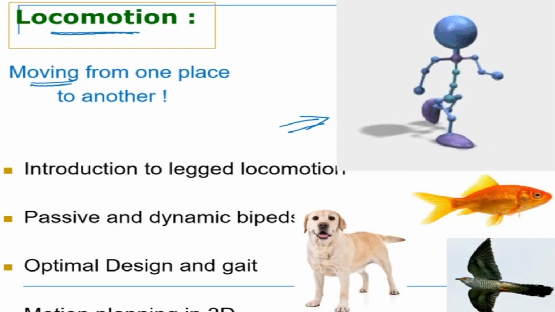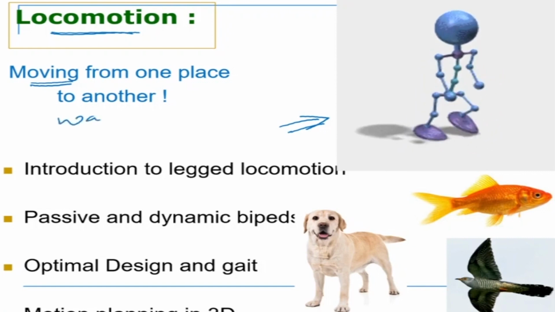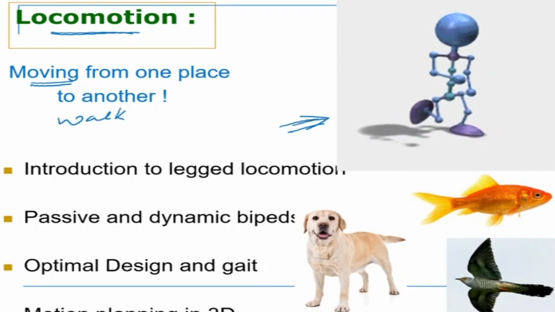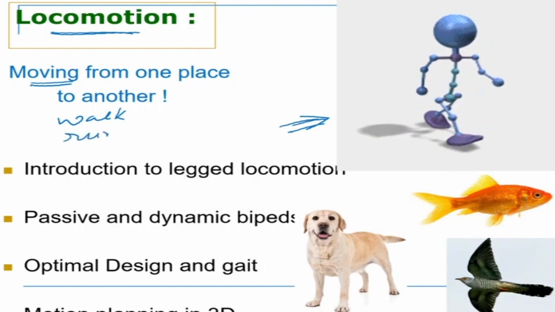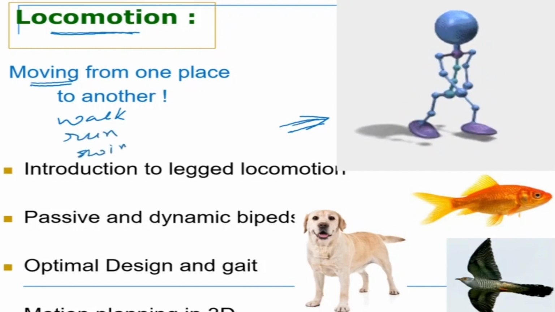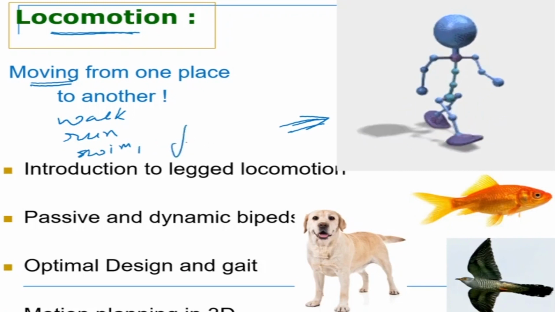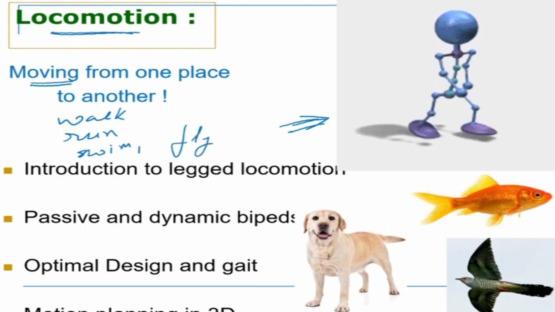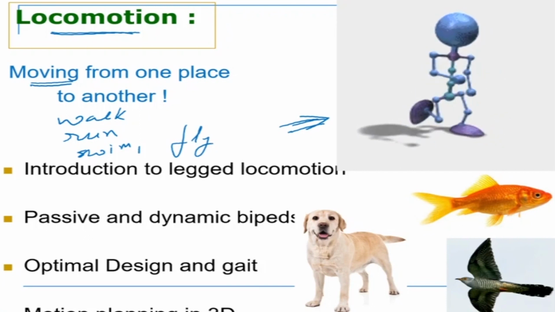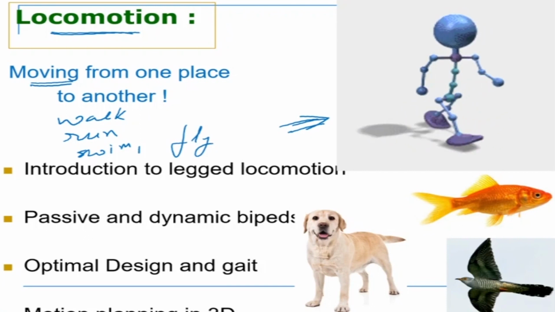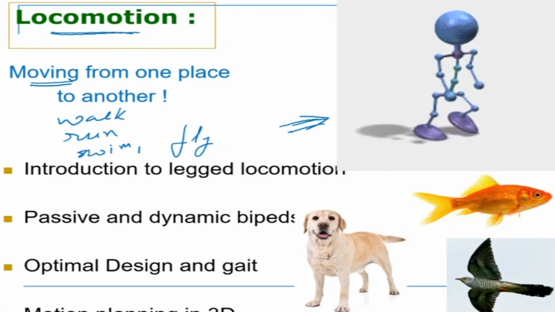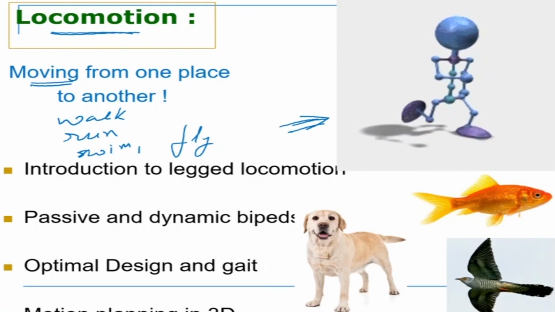For example, you can walk, as shown in this figure. Then you can run, you can swim, you can fly. All of them come under the same category of moving from one point to another, by walking, running, swimming, flying, rolling, etc.